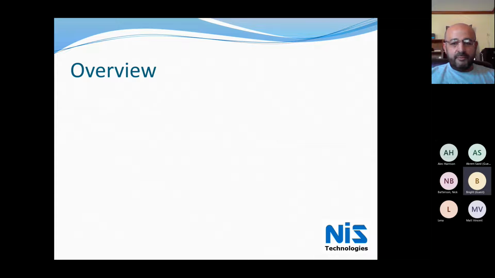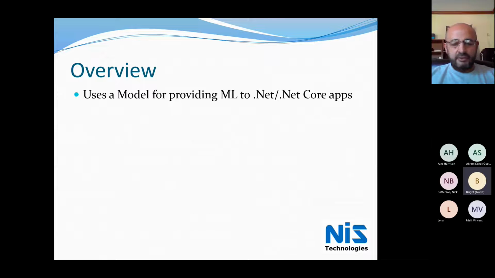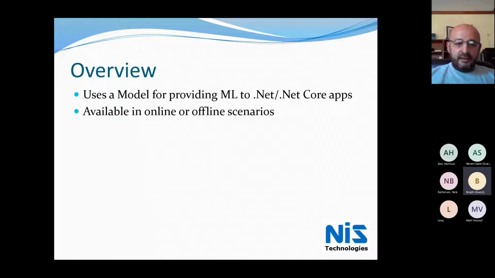So with that, let's jump into our presentation, which is going to be using machine learning for .NET applications. In order to do that, you're going to be using a model for providing machine learning, and you can incorporate this in .NET or .NET Core applications. That model could be available in an online or offline scenario.